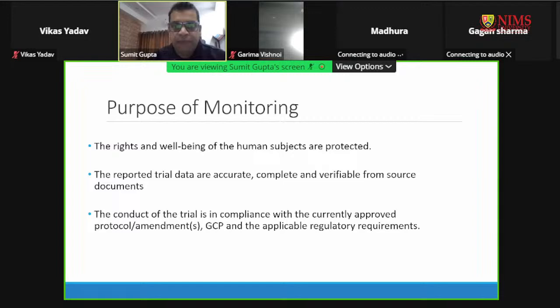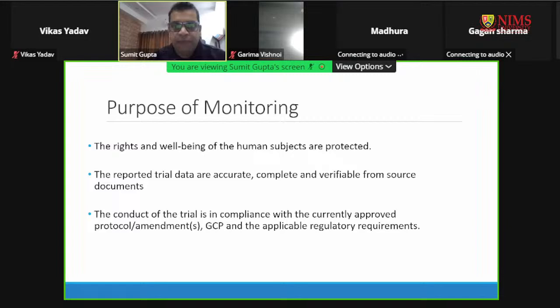So what is the impact of RBM on our industry? It leads to a reduction in effort expended on low-value activities. Whatever the low-value activities are, the industry is not putting a lot of effort into reviewing them on site, so you get more than what you invest. It leads to earlier detection of issues with more focus on resolution and prevention.